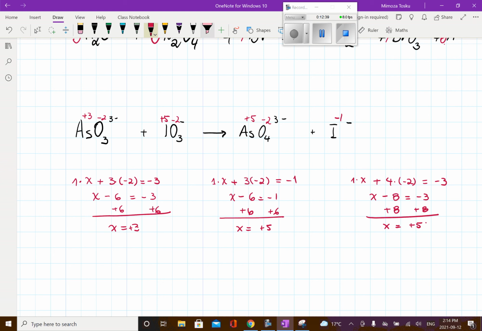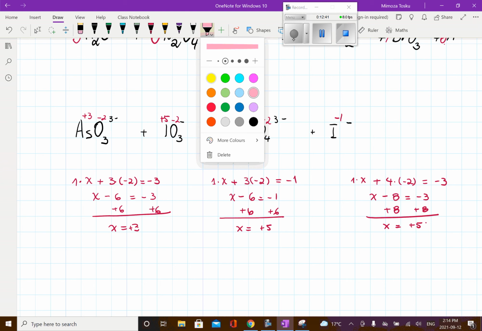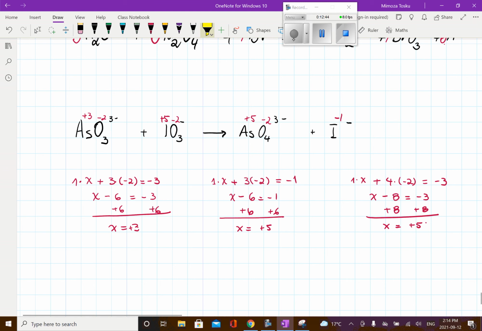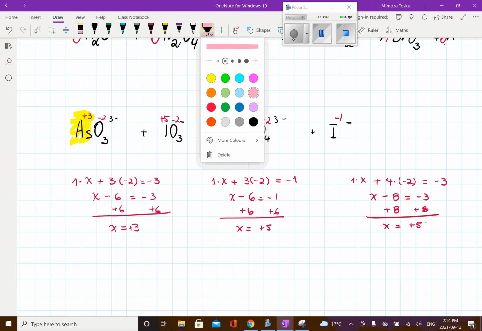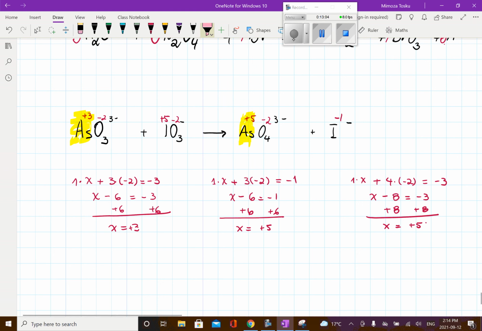Now let's identify which ones are changing oxidation number. The numbers that are changing are AS from +3 to +5, and the other one is iodine from +5 to -1.